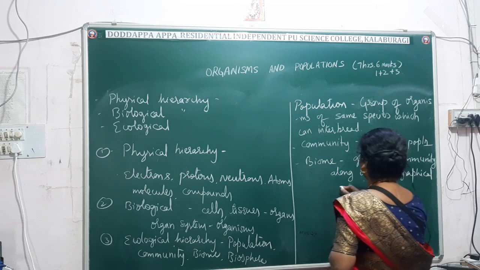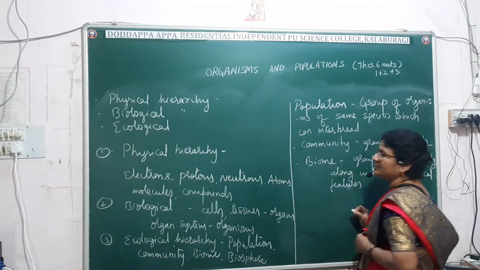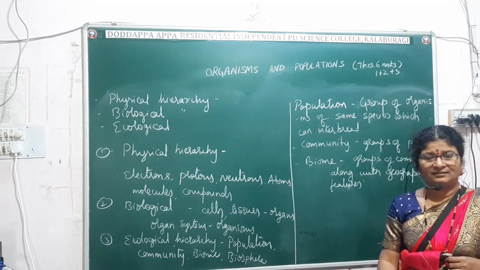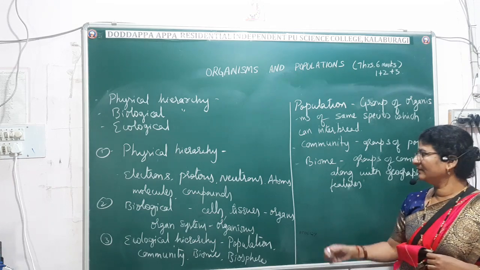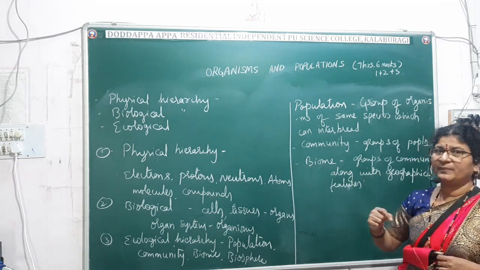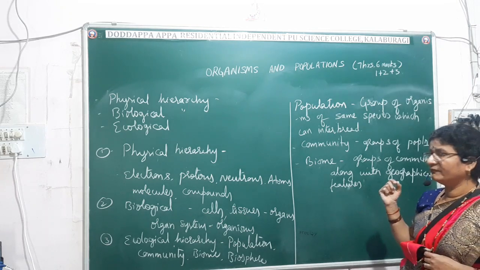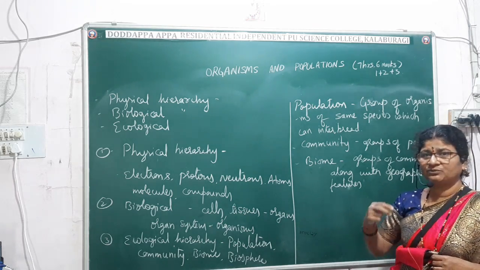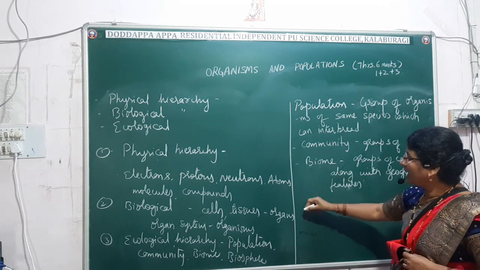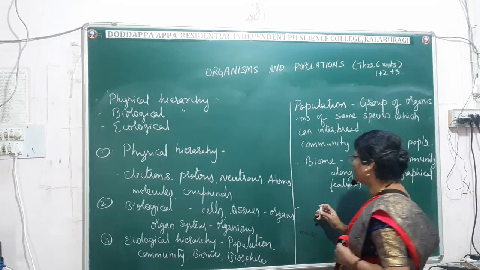You know that many biomes are seen on earth, like grassland, tundra and rainforest, with specific features. It depends upon factors which are very particular and specific to the particular geographical region. That is about the biome, and many biomes together constitute the biosphere.